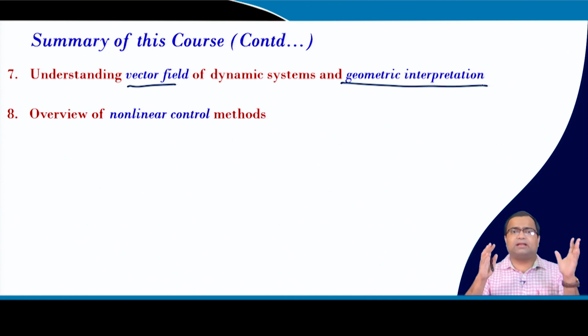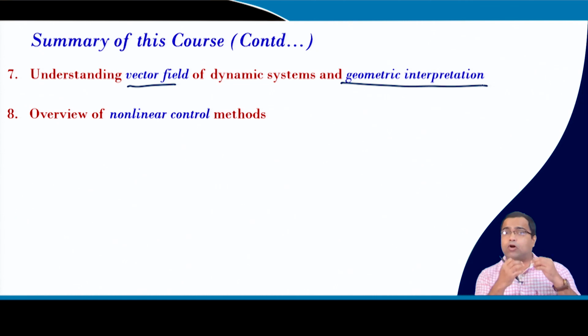Then I have also provided an overview of nonlinear control methods, and we have categorized these nonlinear control methods based on 3 different models. The first model was a linear parameter varying model, because whatever switching converter transfer function we obtain, those are basically obtained around some steady state equilibrium point.